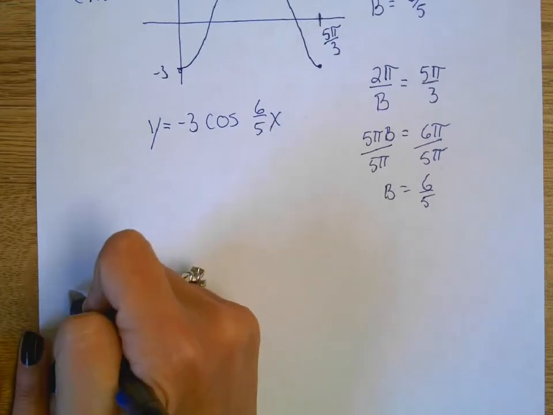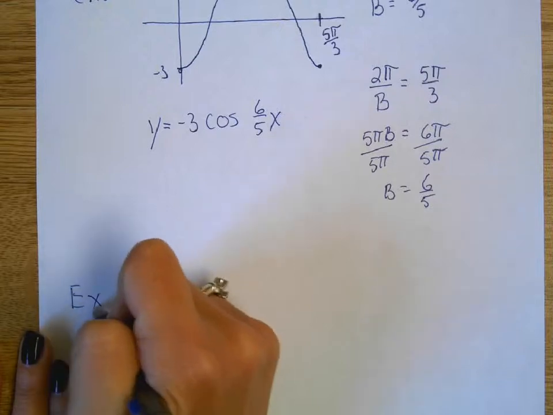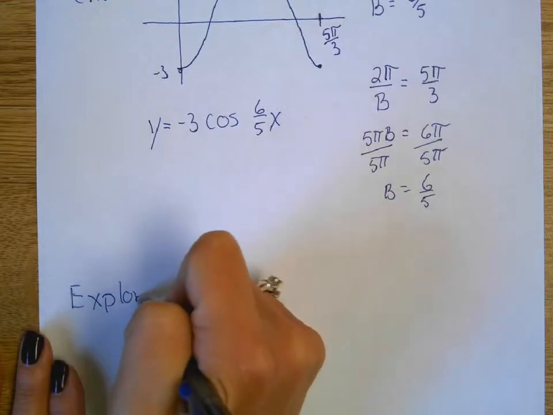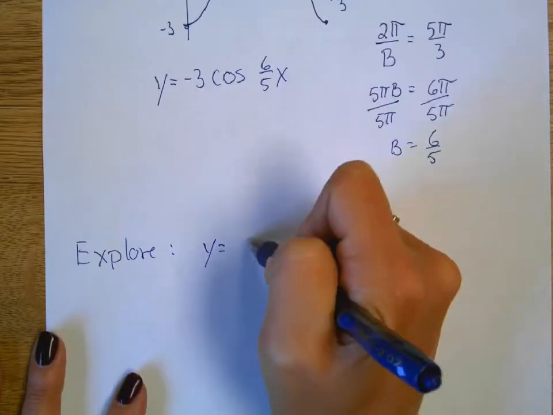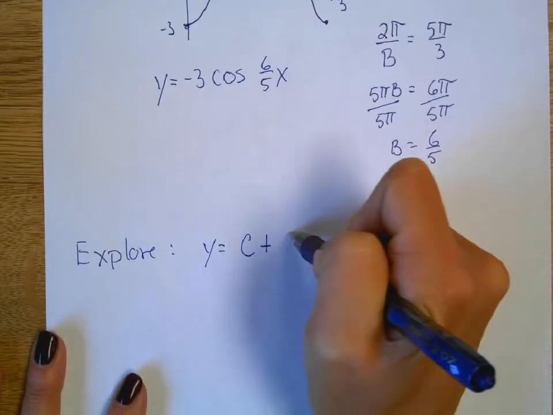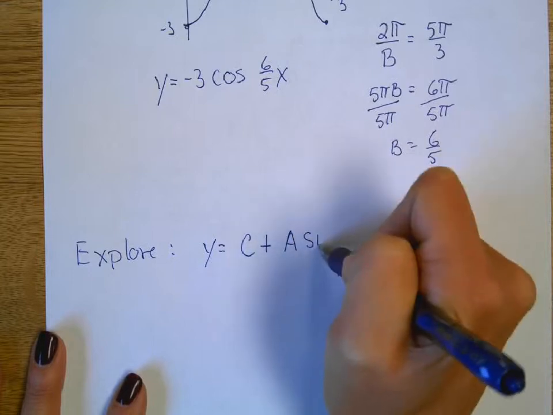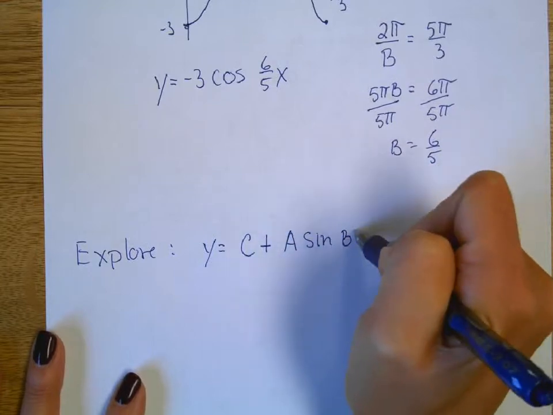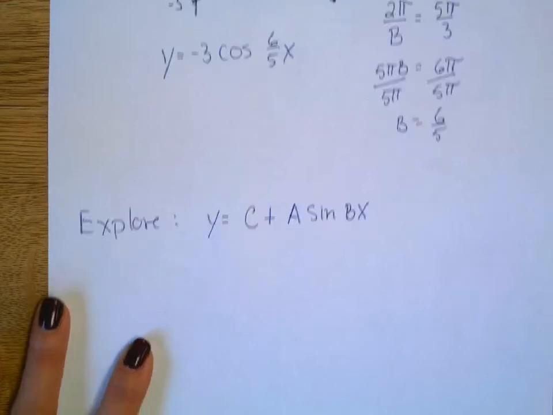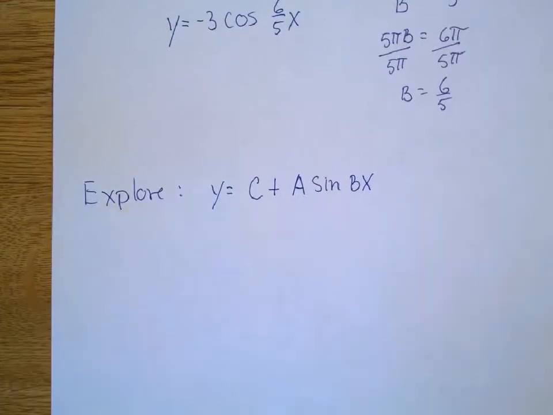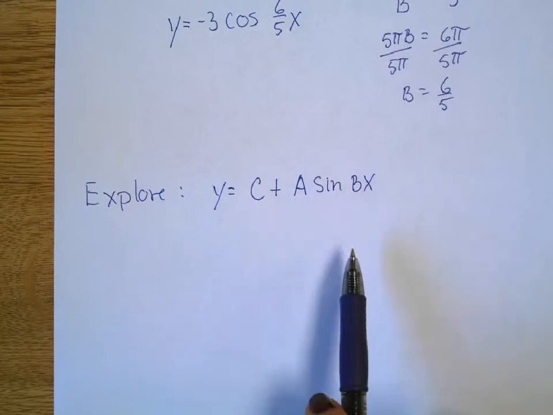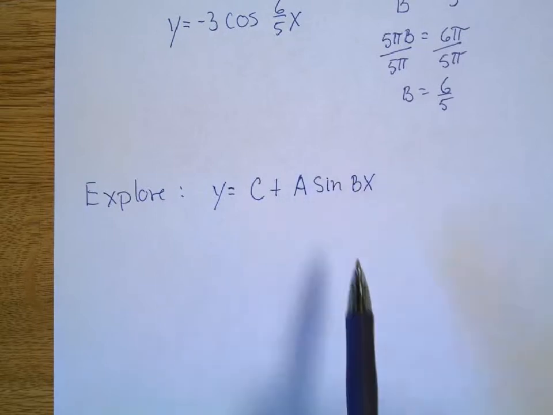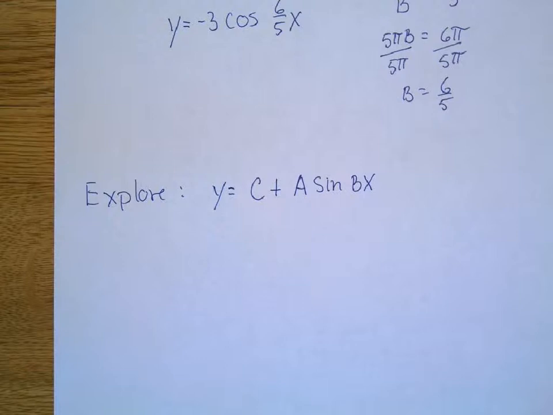So we're going to explore y equals C plus A sine BX. We're exploring new things. We're going to add a number to the function. Let's see what that does.